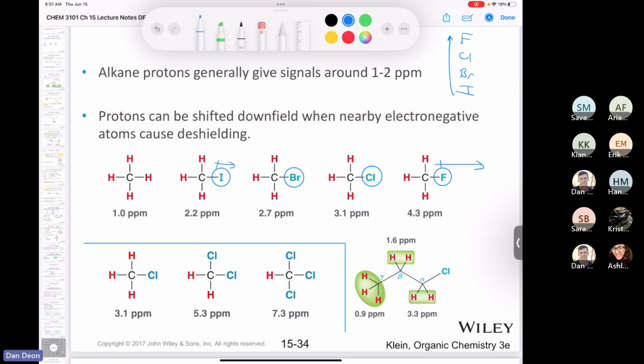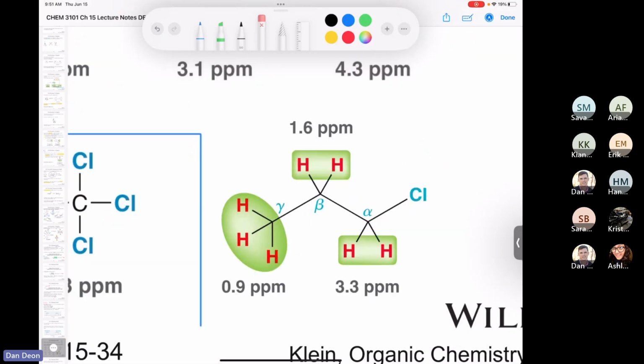Now, if you're wondering, well, all of these halogens that you're showing me on this slide, every single one of them is alpha or next door to the halogen. That's true. So if you're wondering, well, how far can that effect go? Well, if you look at this compound here, this is 1-chloropropane, you see the de-shielding effect on the alpha protons and the beta protons only.